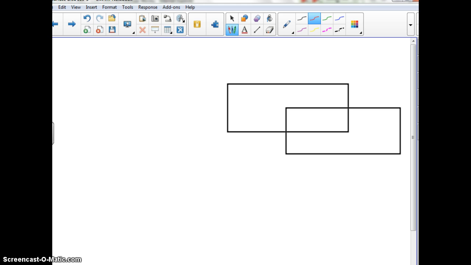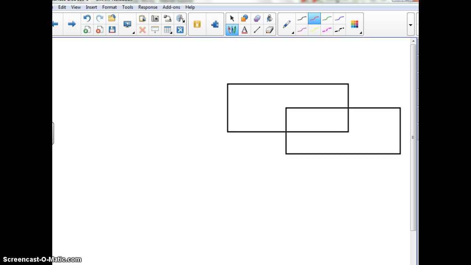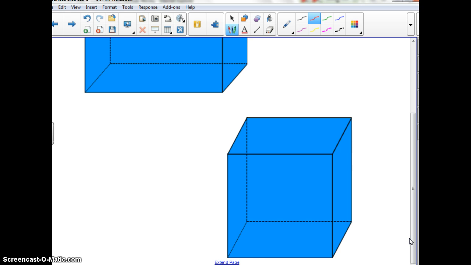We can do another one. Let's do a cube. Are you ready? This one has sides of 6 inches.